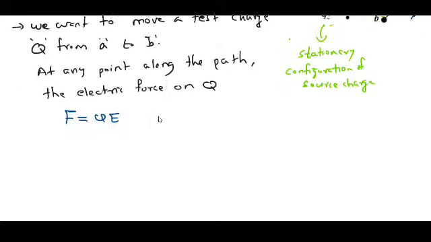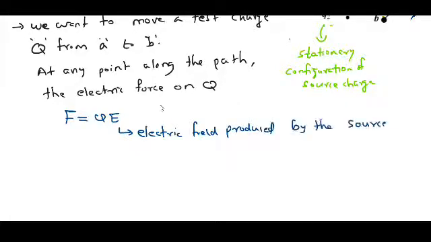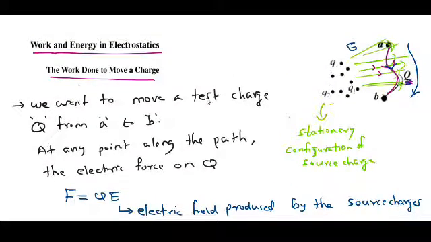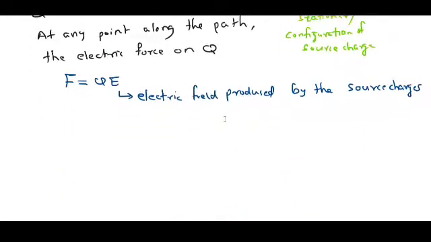Here E is the electric field produced by the source charges. Because of this electric field there may be a repulsive force, so to move the test charge from A to the point B, we have to apply an external force. We apply that external force and bring the charge from the point A to B, and that is the work done to bring the charge from A to B.